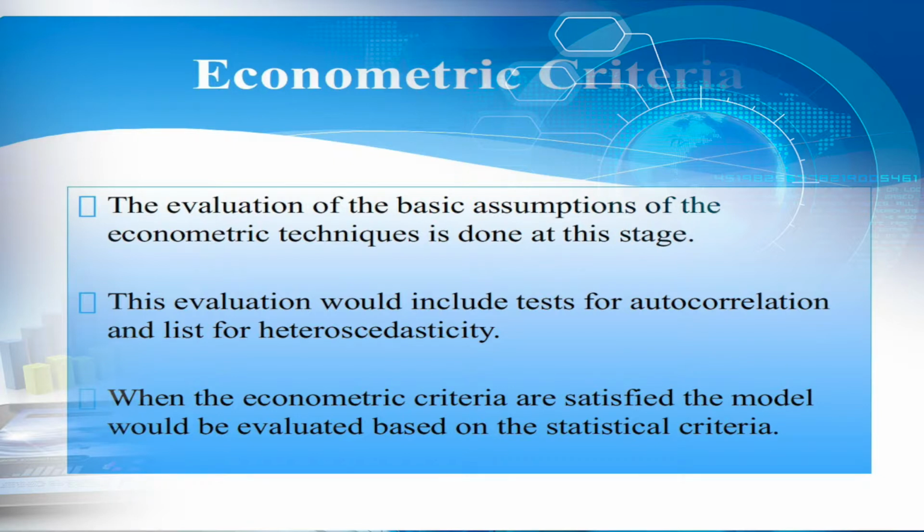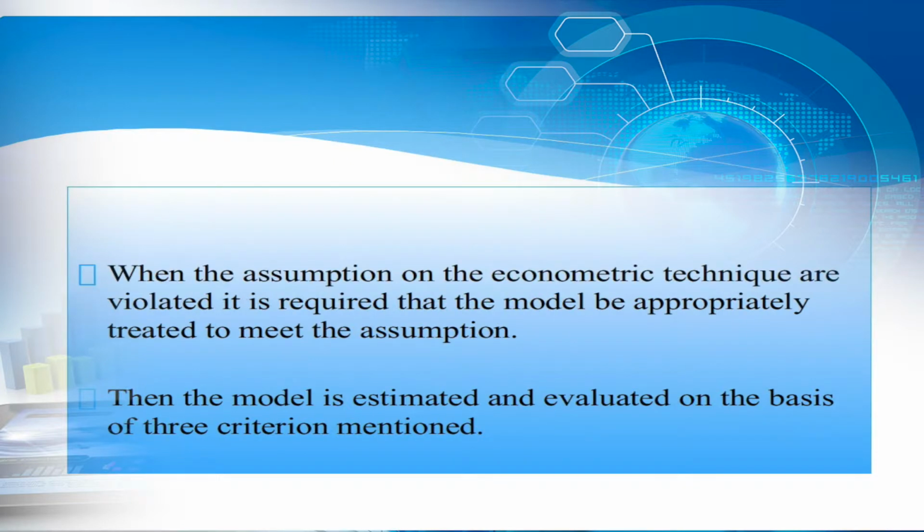When the assumptions on econometric techniques are violated, in this case, if there is any autocorrelation problem or heteroscedasticity problem, then we have to make an effort to check and correct those issues in the model. Then the model is estimated and evaluated on the basis of the above.